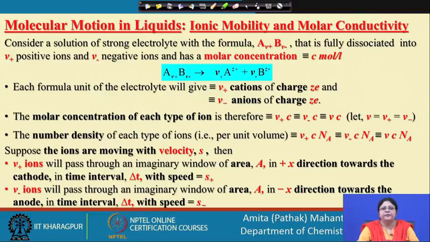And since the system has to be electrically neutral, then what happens? The total number of positive charge in the system, nu plus into C, should be equal to nu minus into C. To avoid the subscript of plus and minus, let us represent the charge of the ion as nu.